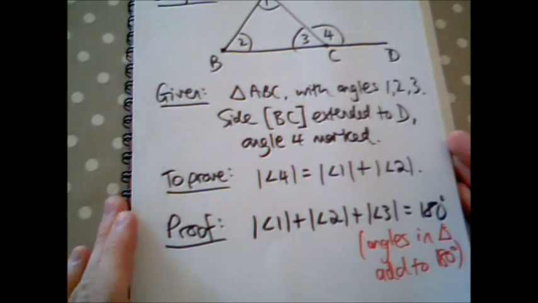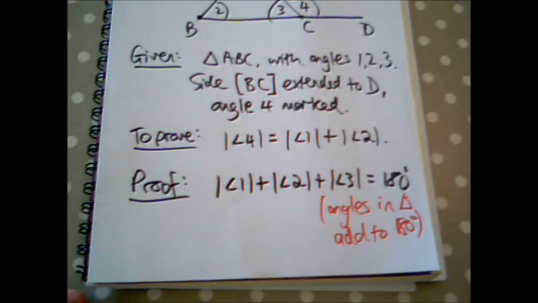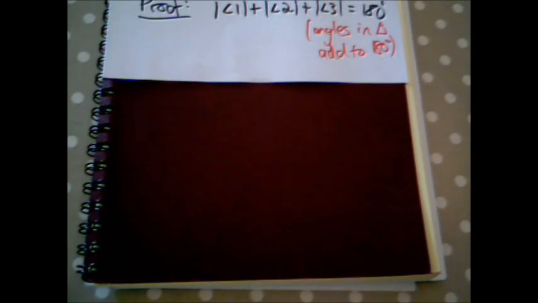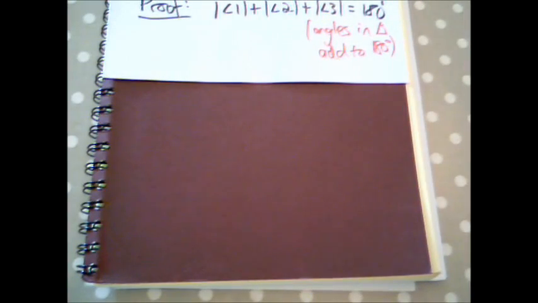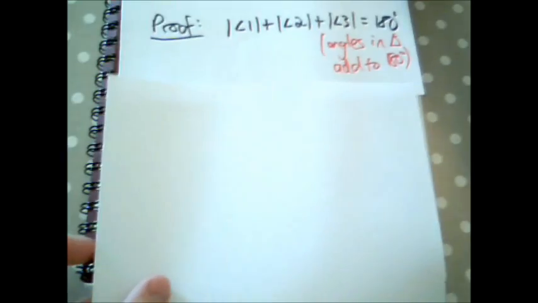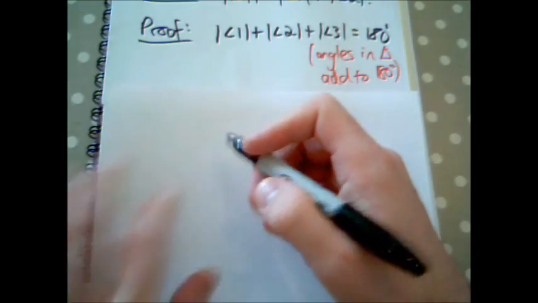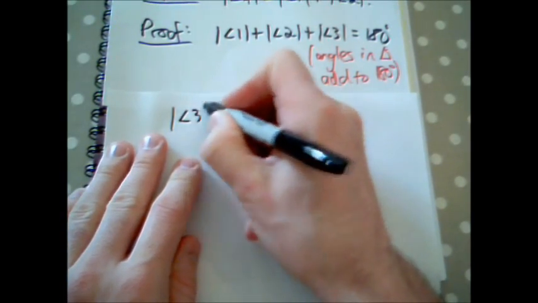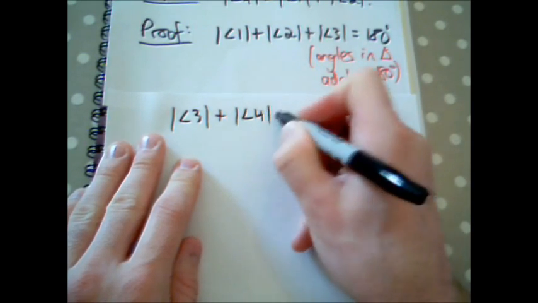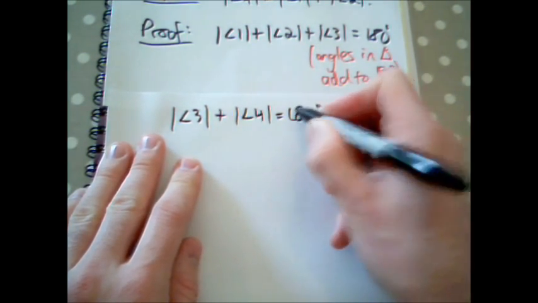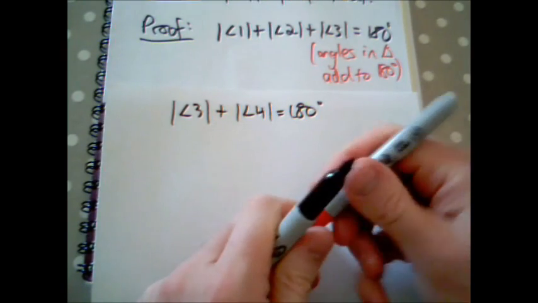Okay, you can use abbreviations, they don't really mind about spelling and things like that, but you do need to show that you know why this is equal. So that's the first step. The second thing that we're going to say in the proof is that the size of 3 plus the size of 4 equals 180. And that's because that's a straight angle.